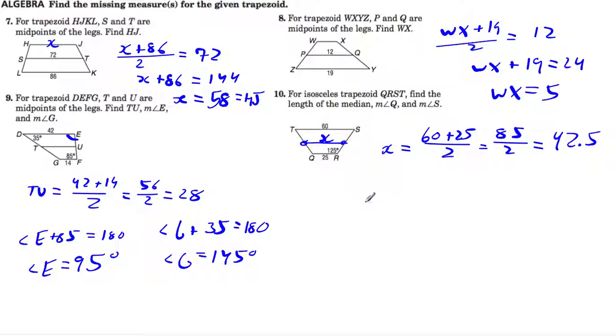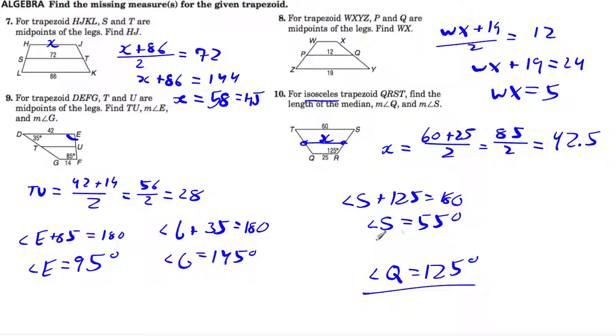And then we want to find the measure of angle Q and the measure of angle S. Well, we could do the measure of S first, so S plus 125 is equal to 180. So the measure of angle S is equal to 55. And a key piece of information is that this is an isosceles trapezoid. So that means that angle Q is equal to angle R, which is 125.